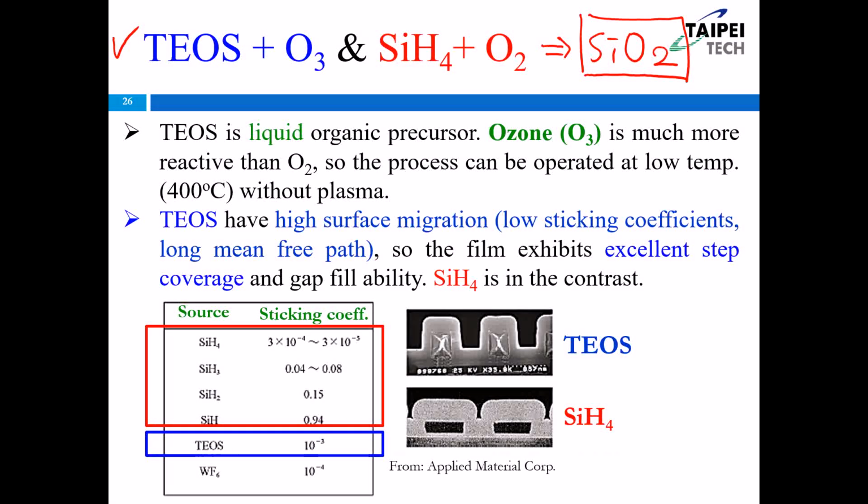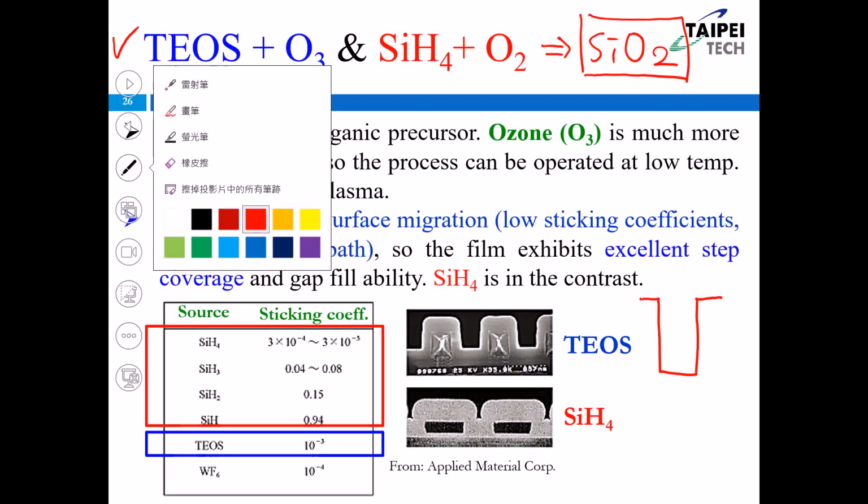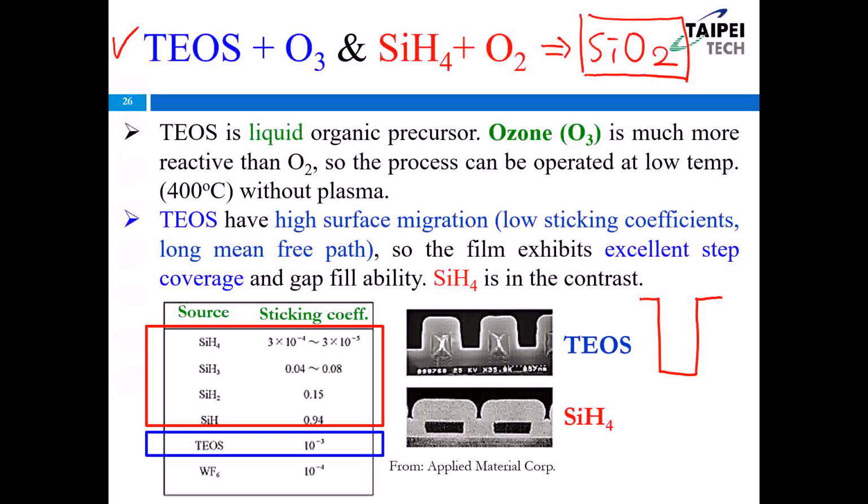Okay, so let me show you the gap. Right now, I have a gap or a trench. Today, I use the blue color to show you the TEOS. So this is the TEOS precursor. The TEOS has a low sticking coefficient.